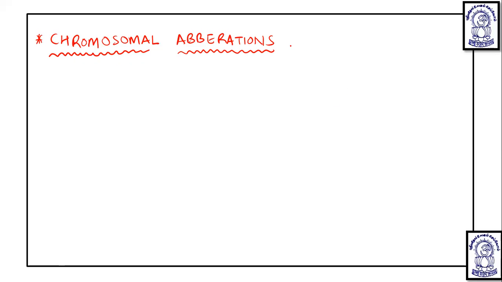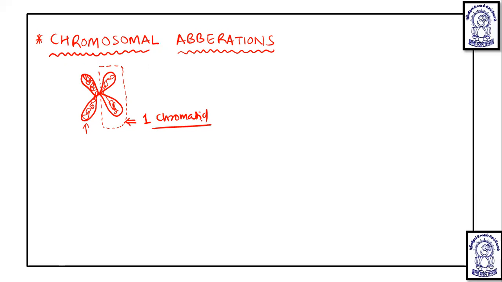See, if this is the chromosome, in this the DNA is highly coiled in nature. This whole is considered as one chromatid, and the remaining one is the other chromatid.